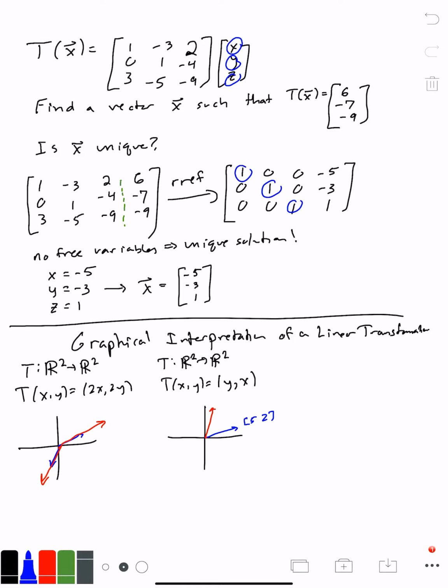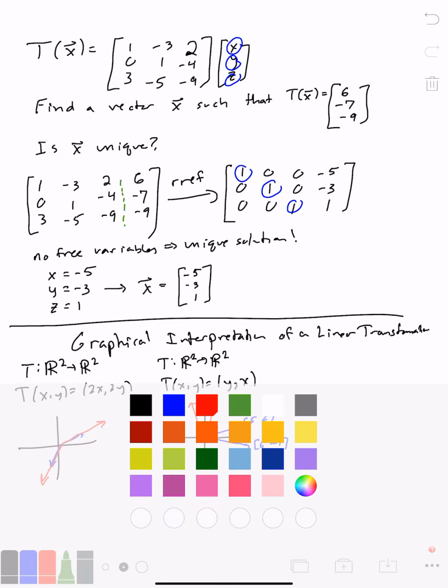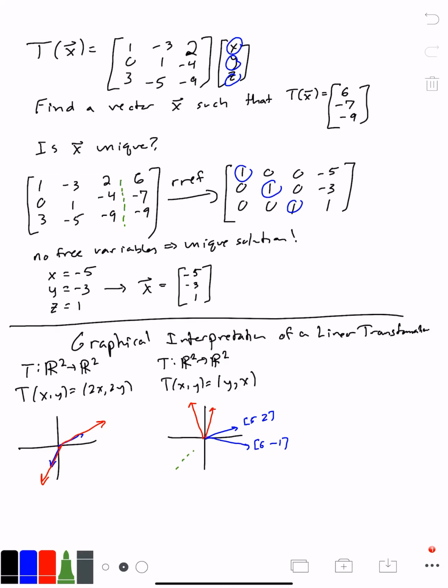And if I had a vector that was, I don't know, 6, negative 1, then it would go to this vector here, negative 1, 6. And so what would end up happening in this problem is it's going to be a reflection about y equals x. Over here, this was a stretching.